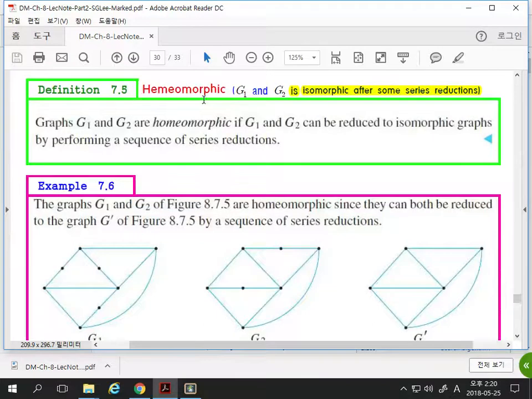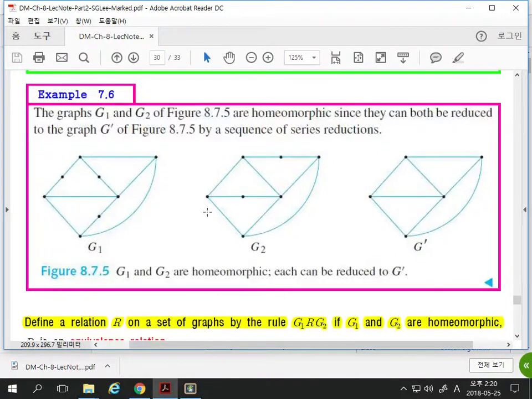Definition: homeomorphic. G1 and G2 are homeomorphic if they are isomorphic after some series reduction. After some series reduction, if two graphs are isomorphic, then we call those two graphs homeomorphic, not isomorphic, but homeomorphic. Okay, like this. This graph, we delete this and we delete this. Then we can have this, and okay, we can delete this.